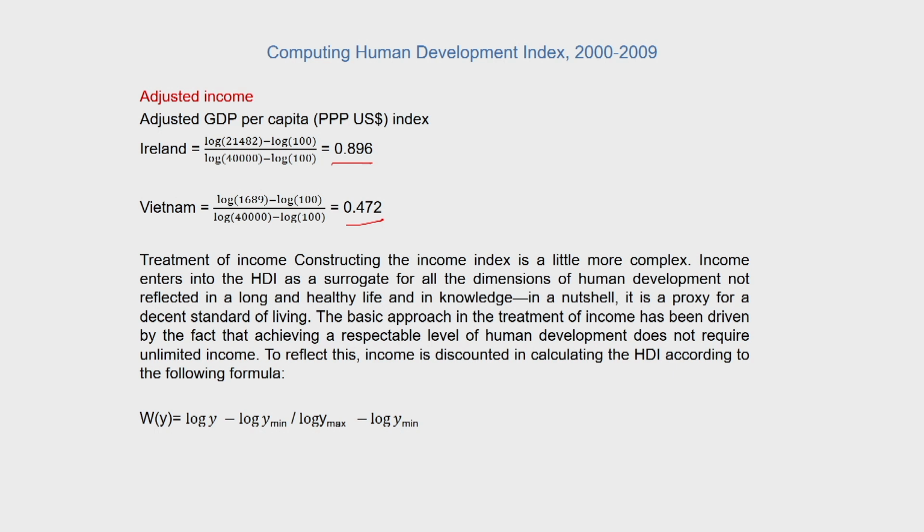So, in a nutshell, it is a proxy for decent standard of living, and the basic approach in the treatment of income has been driven by the fact that achieving a respectable level of human development does not require unlimited income. So, to reflect this, income is discounted in calculating the HDI according to the following formula: the utility function or income utility function as given by Atkinson.